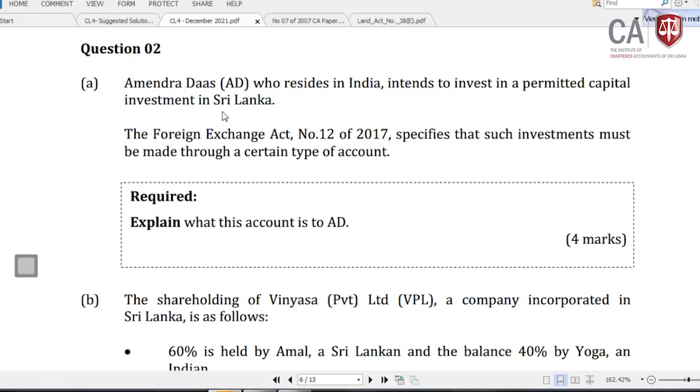But if you want to bring your investment into Sri Lanka, it cannot be done in the way you want. As per the Foreign Exchange Act number 12 of 2017, if you want to channel your investment into Sri Lanka, there is a specific account that you have to open up.